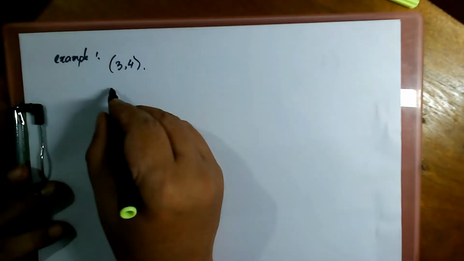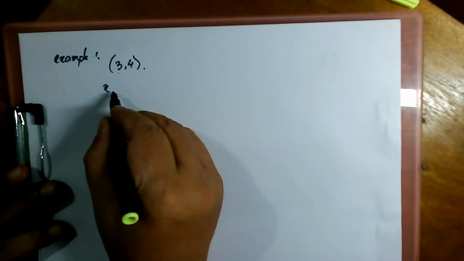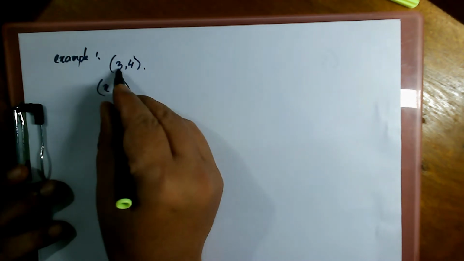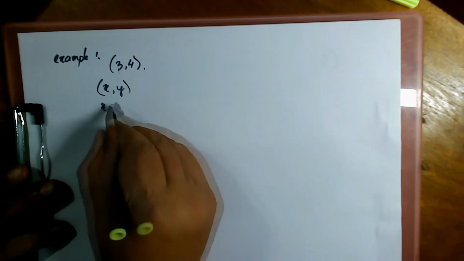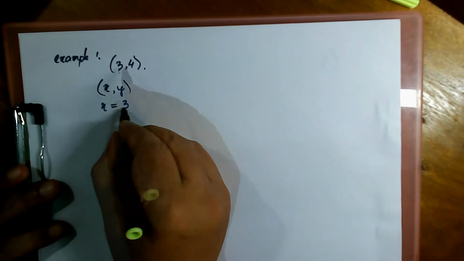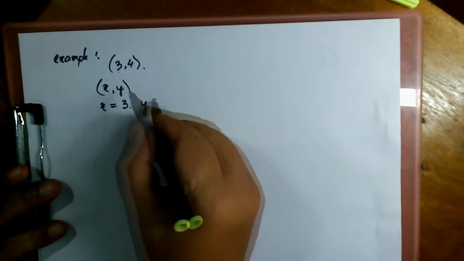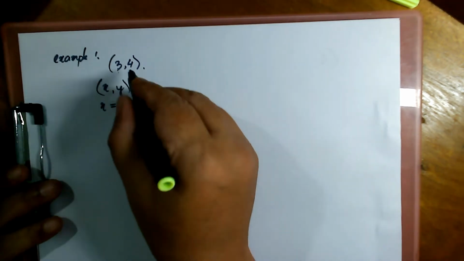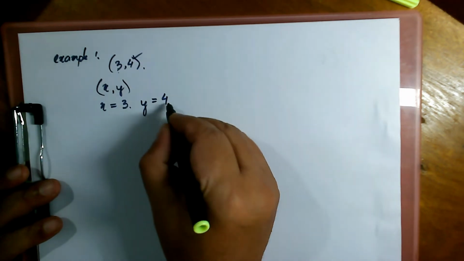As we have learned previously, x and y form an ordered pair. The first one will always be x, so x is 3, and y is the second coordinate, so y is equal to 4.